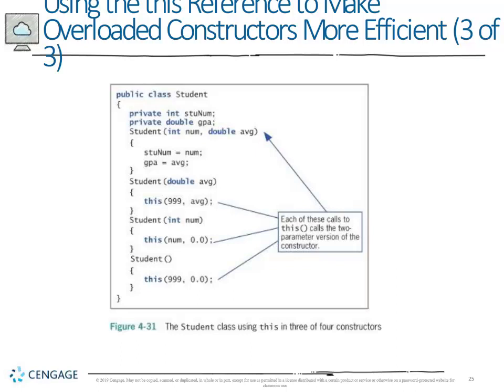For the third constructor, which only receives one integer parameter, we use the this reference and pass the integer for num, and we just pass 0.0 for the second double parameter. And for the constructor with no parameter, we just say this, and we pass the initialization 999 and 0.0.